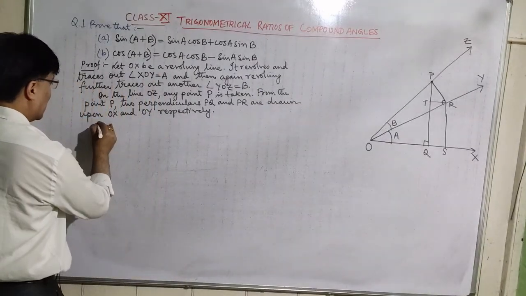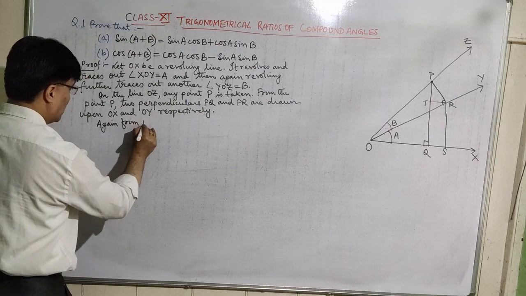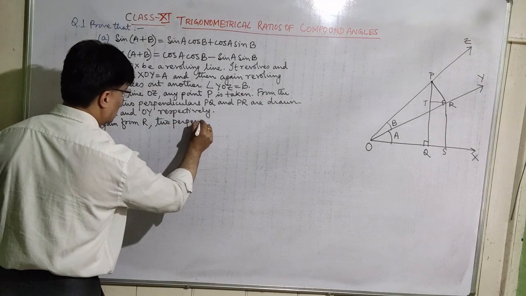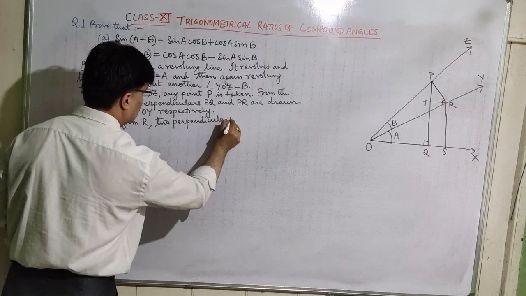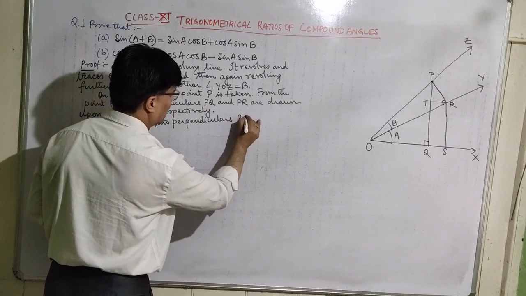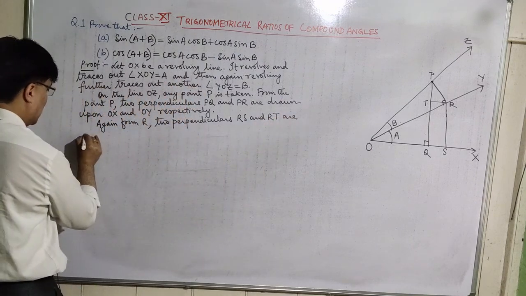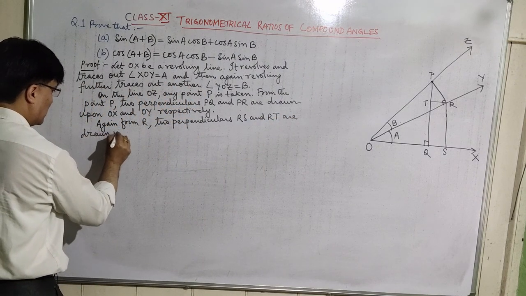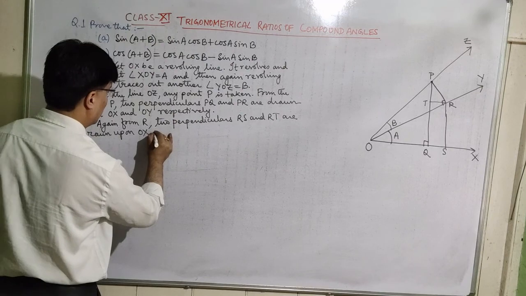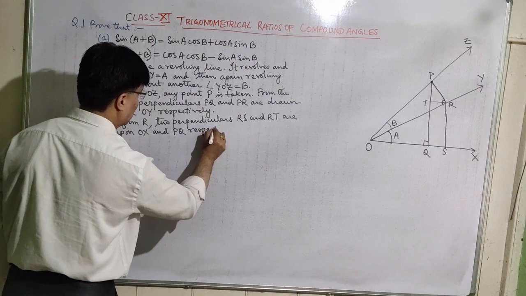Okay. So now again from R, two perpendiculars RS and RT are drawn upon OX and PQ respectively.